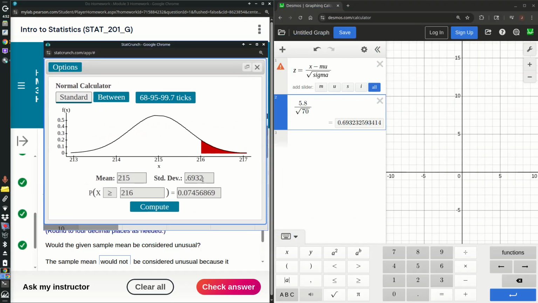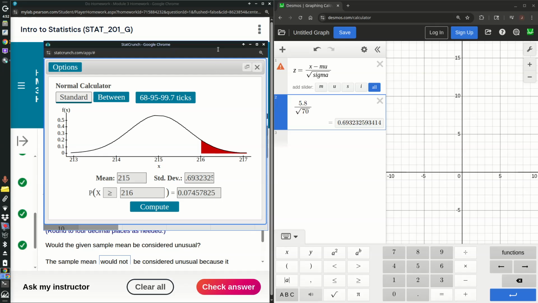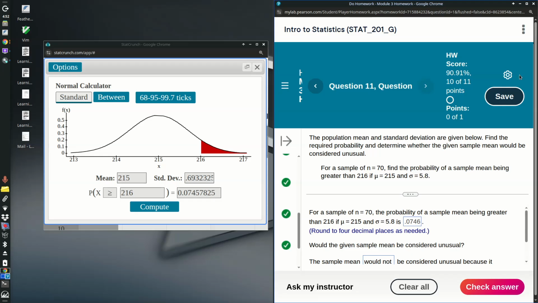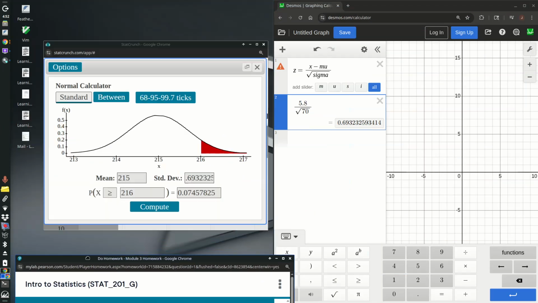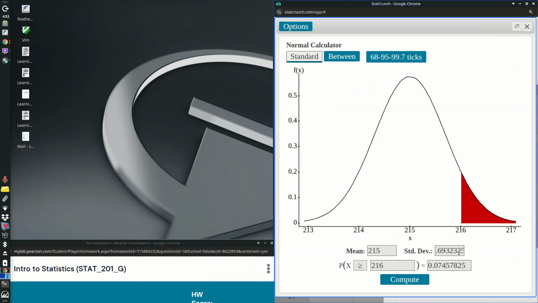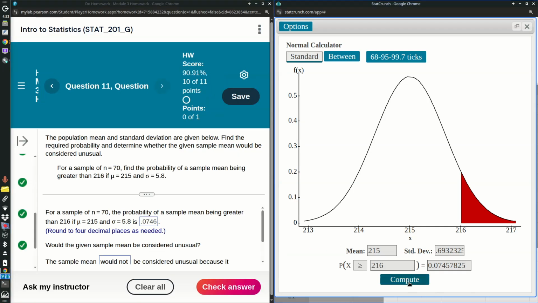Let's use more accuracy maybe. 0.693259. Let me just use more numbers and see if that does anything. I'm still getting 0.074. So that is this, and then I computed and I got this. 4 decimal places.